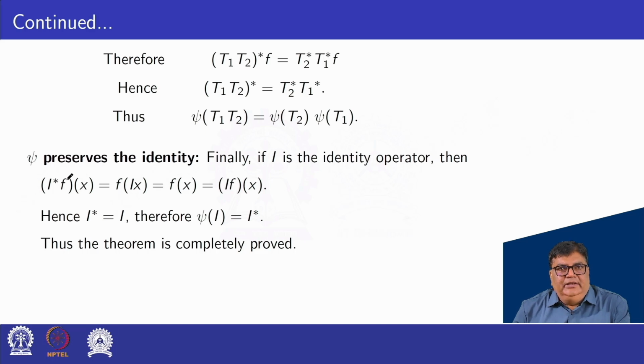So comparing this and this, that is I* f equal to I f. That is I* is equal to I. And again, using the definition of ψ, this can be written as ψ(I) equal to I. Thus the theorem is completely proved.